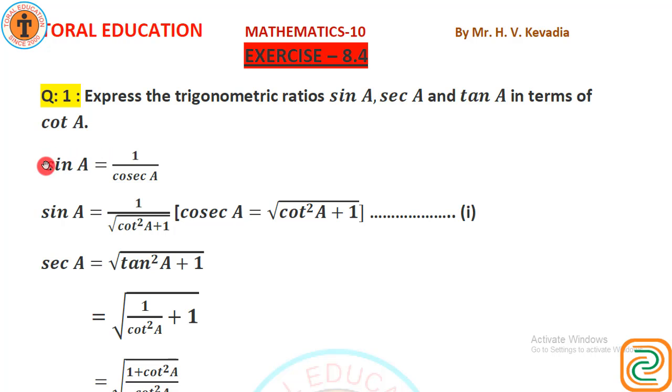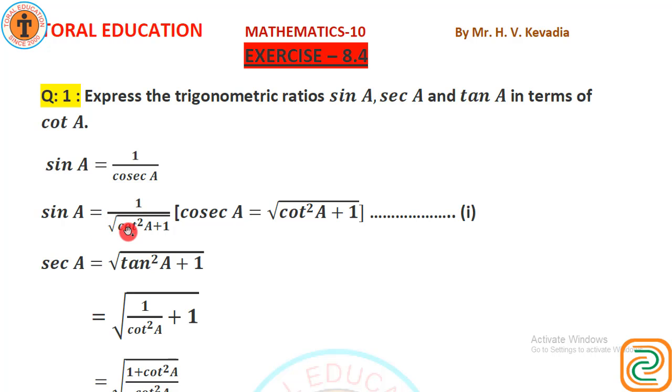Let's see. Sin A equals 1 upon cosec A because they are reciprocal. But cosec A equals root cot square A plus 1. This is the formula: cot square A plus 1 equals cosec square A. But we need cosec A, not cosec square, so we have taken the square root.